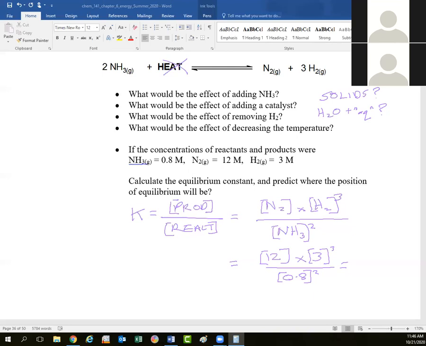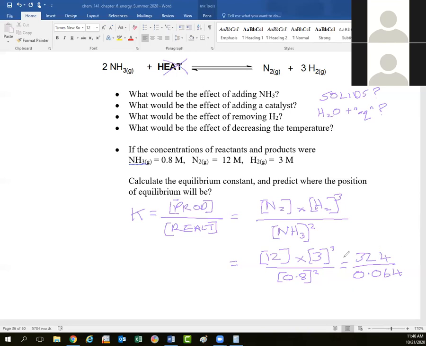27 times 12, 324 for the top half, divided by the 0.8 to the power of 2, so 0.8 times 0.8, which will give us 0.064.